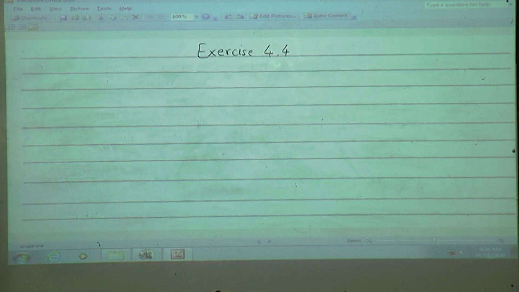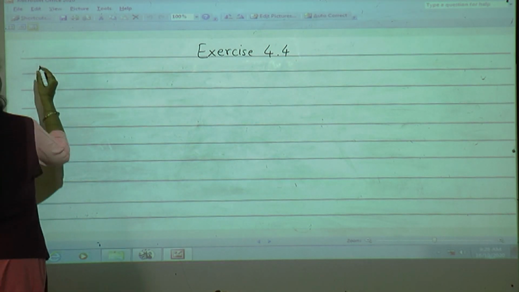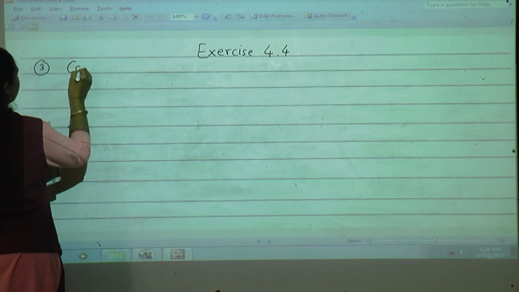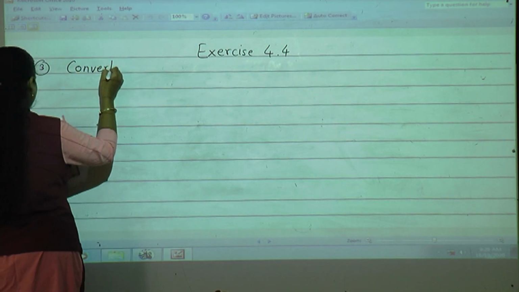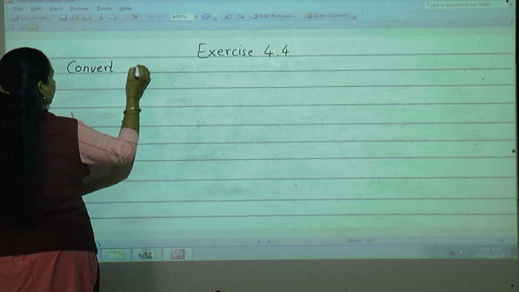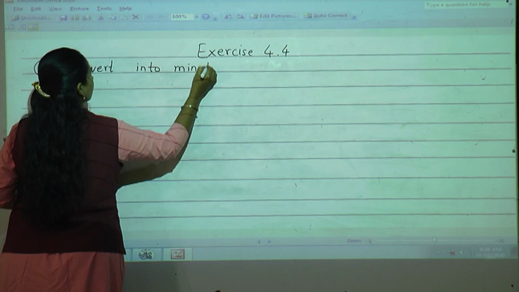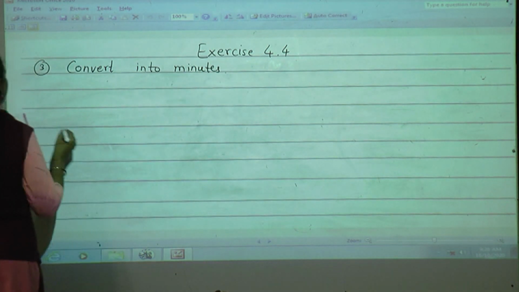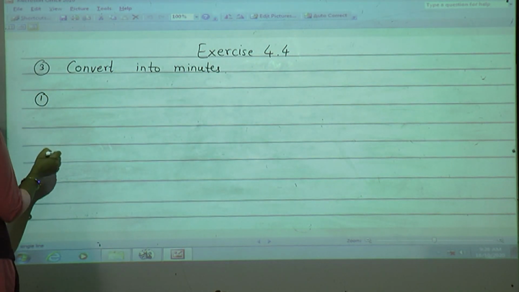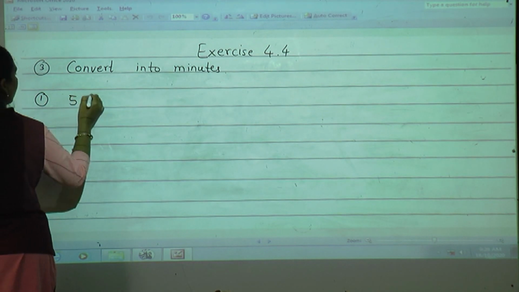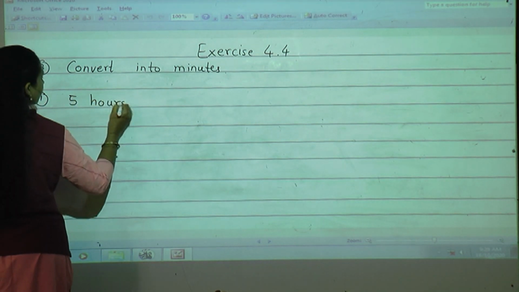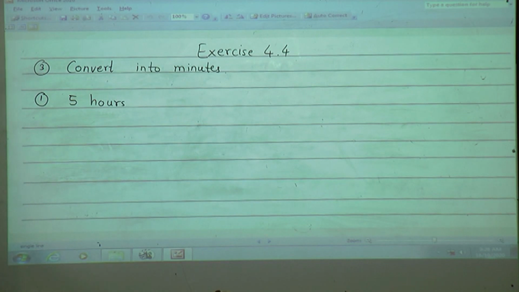Now, the third question we will solve. What is the third question? Convert into minutes. First one we will solve: 5 hours. See, they had given hours.